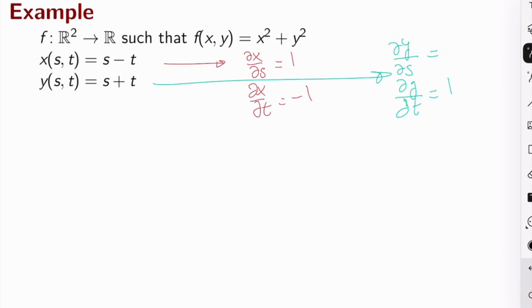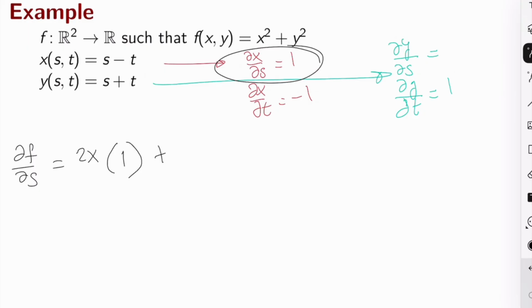Okay, so now we're going to put them together in the formulas to calculate each of the partial derivatives, right? So for the partial derivative of f with respect to s, we are going to need the partial derivatives of f as before. So in this case, with respect to x it is going to be 2x times the partial with respect to s, that is going to be 1.